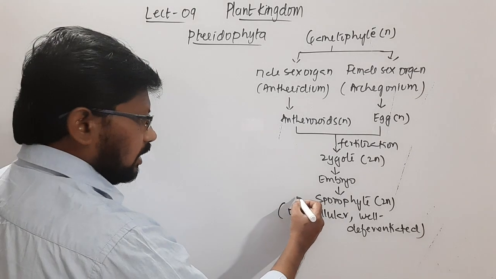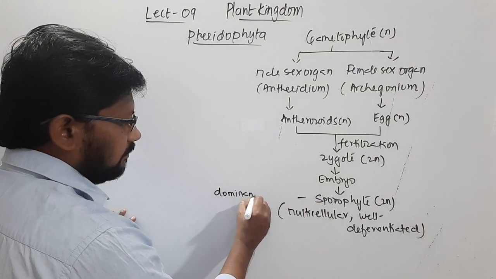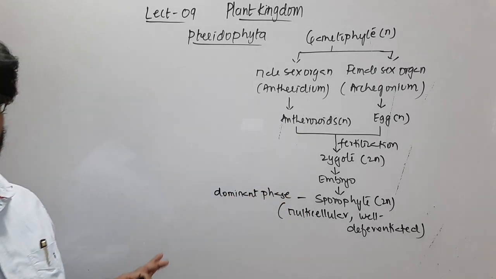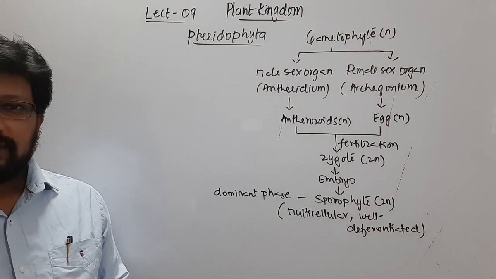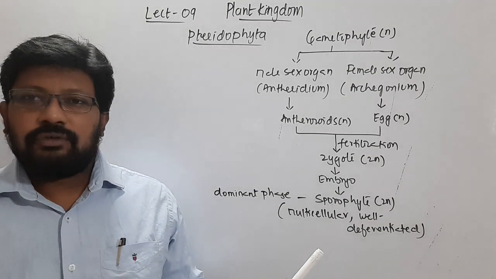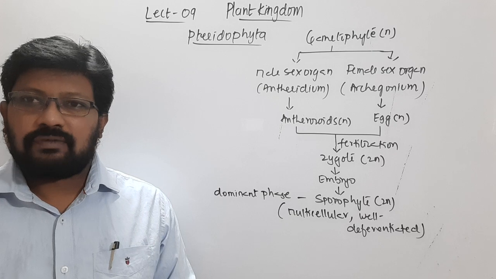And I'll just mention again, this is the dominant phase, which means the plant will live most of its life in the form of sporophyte. If you look at the trees, all those are sporophytes.